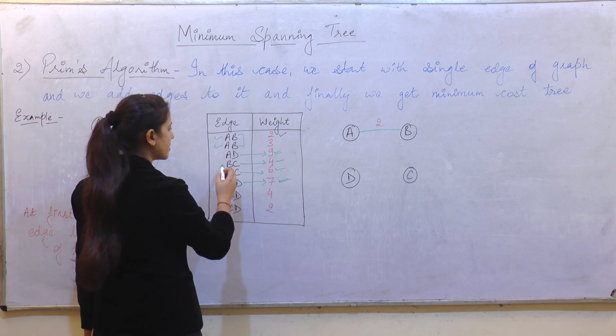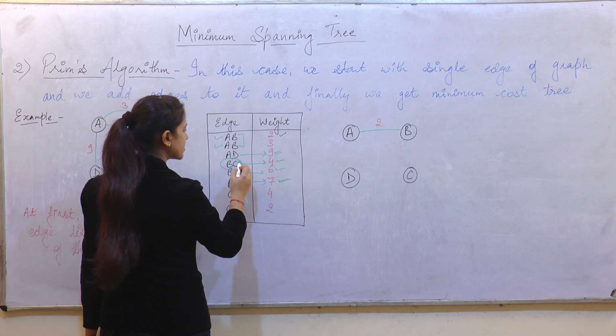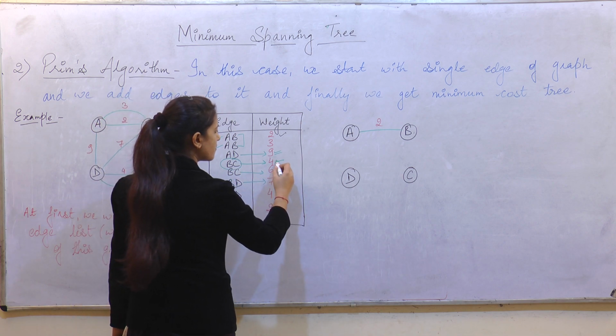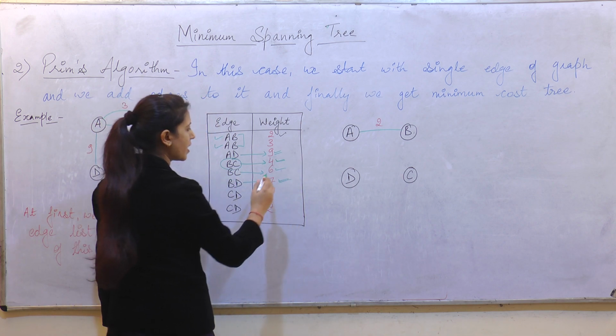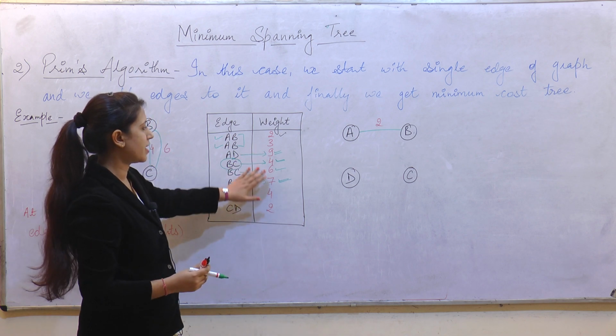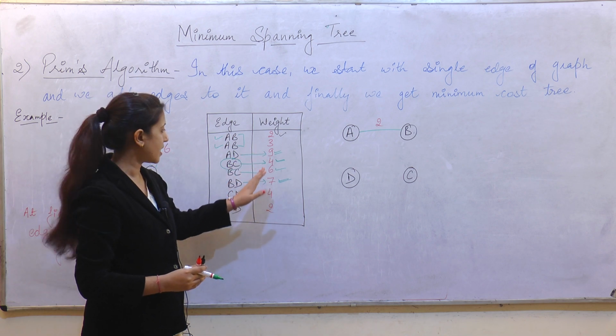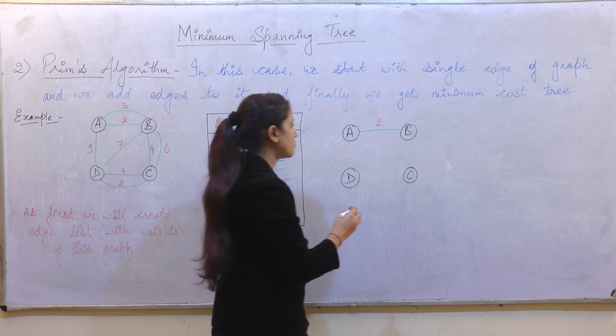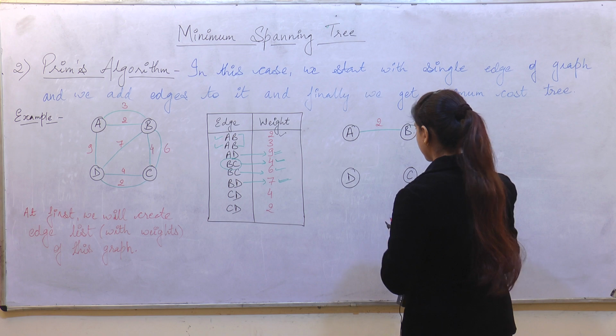So we will consider the edge which is connecting the node B to C with weight 4. Among the four options, we have the minimum weight as 4, and we will consider it to get the minimum spanning tree.